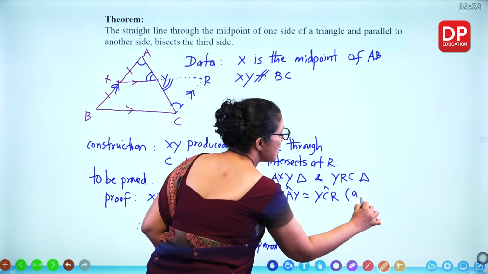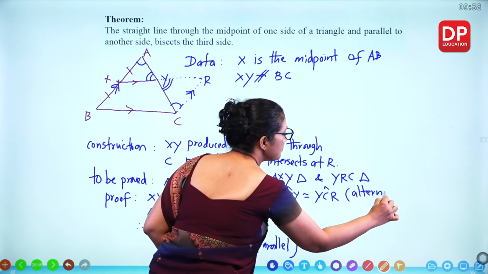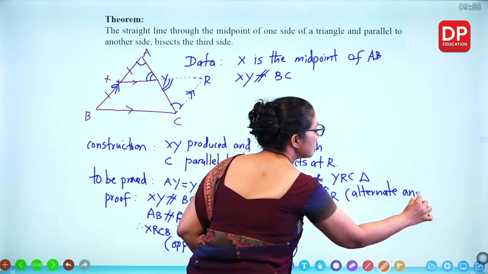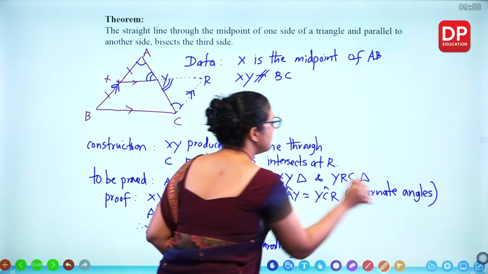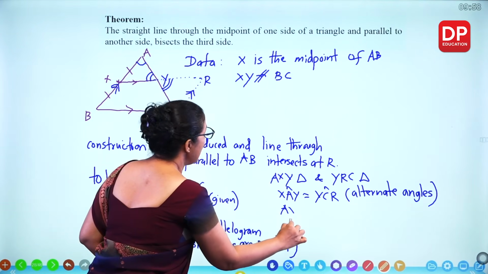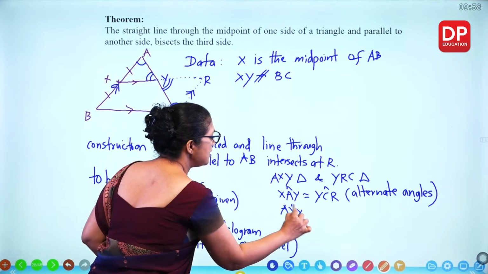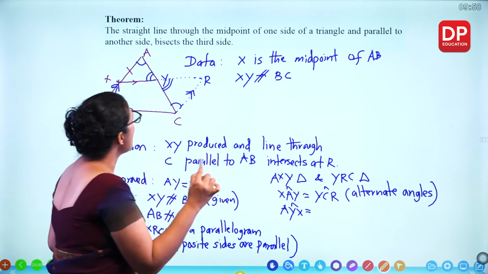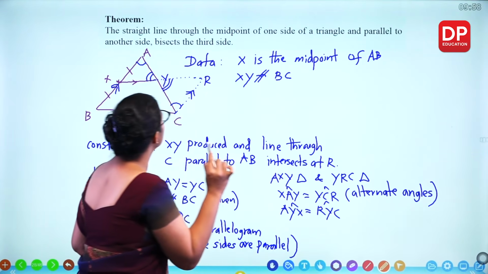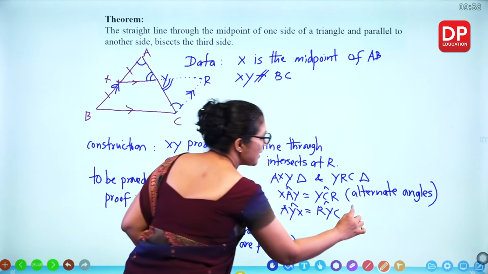That's alternate angle. Also, AYX angle is equal to RYC angle, opposite angles.